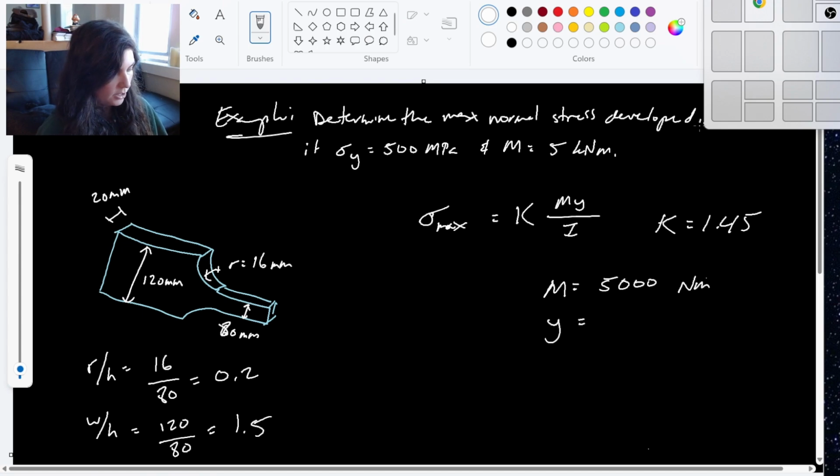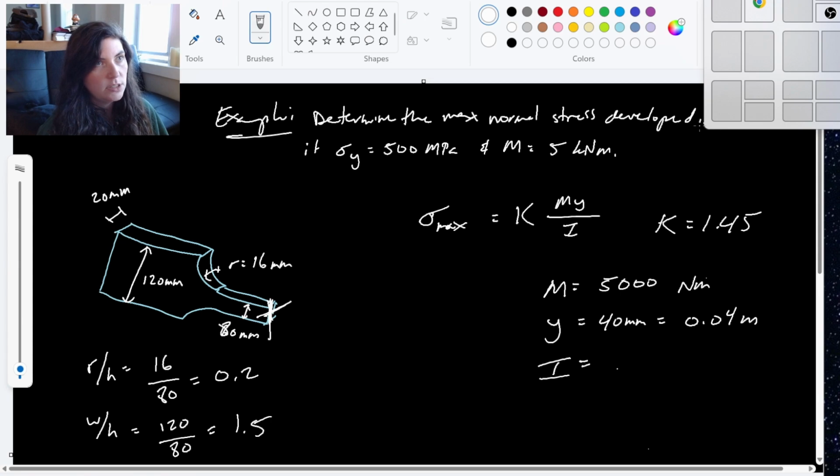My Y value is just that distance from the center to the outer edge, and that's going to be for our smaller one, right? Our smaller section here. The distance from the centroid to the outer edge is going to be 40 millimeters, right? The centroid happens right in the center there. So 40 millimeters or 0.04 meters.